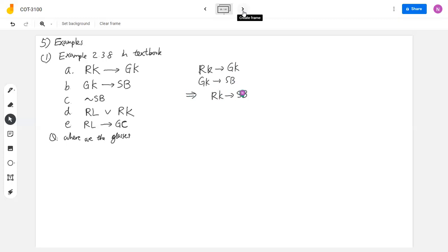And because we know that not SB, by the contradiction rule, we know that not RK.